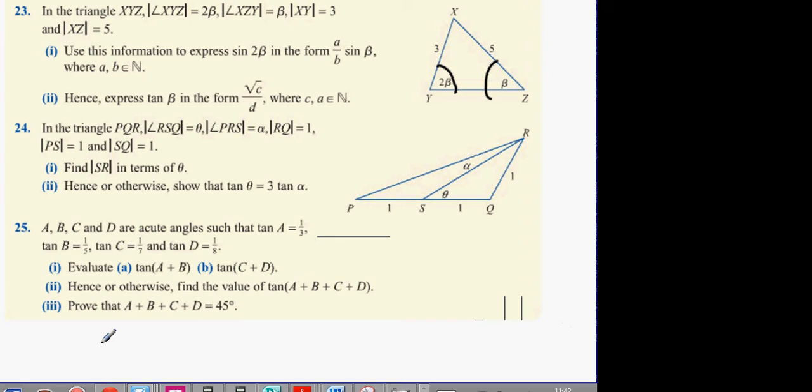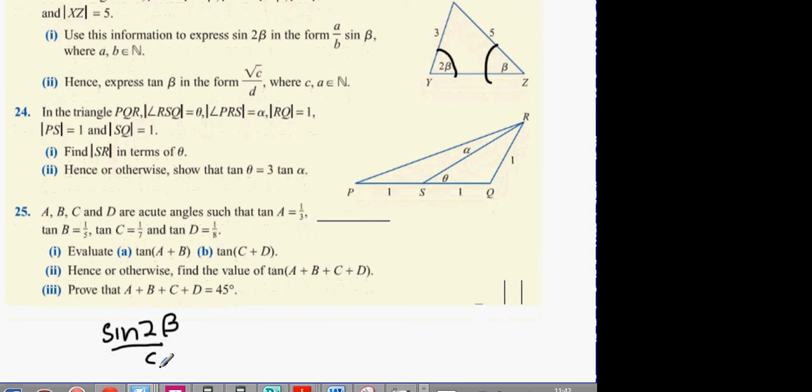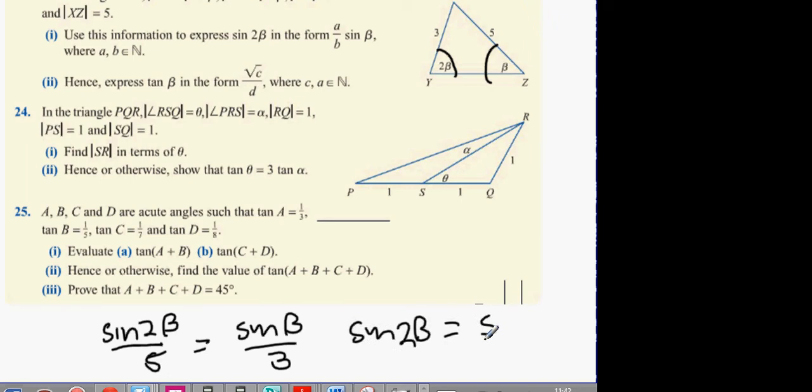Sine rule. Sine 2b over 5 equals sine b over 3. And then what's sine 2b on its own? 5 over 3 sine b. That's it done. That's the first part done.